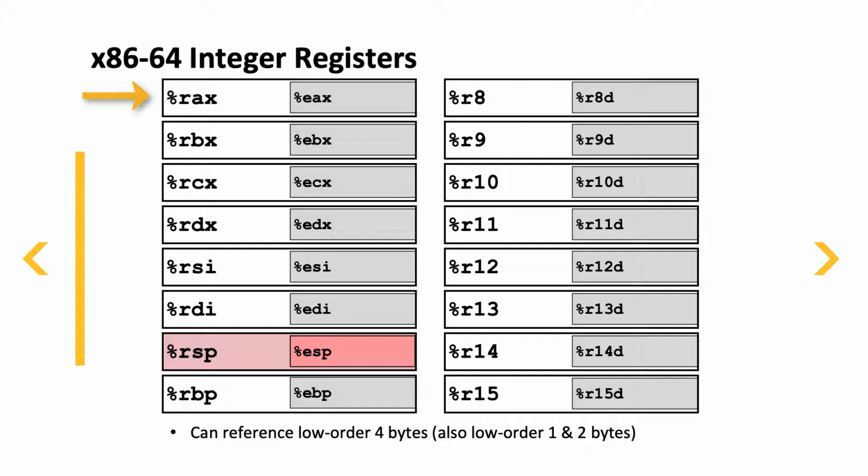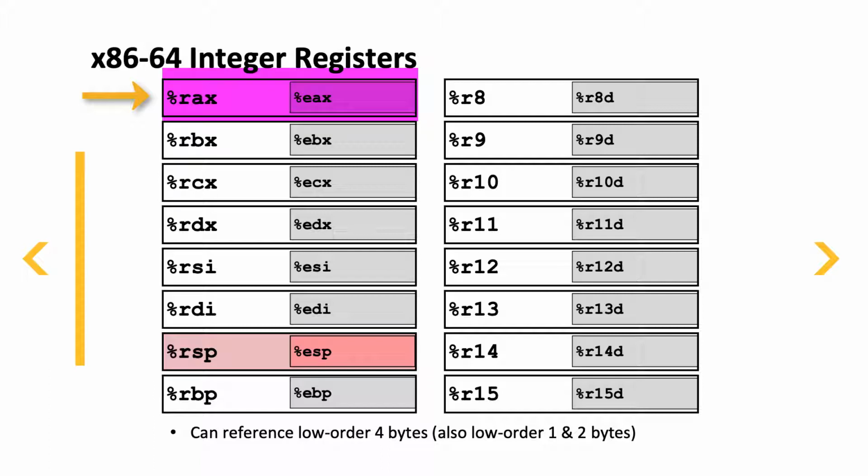Then when 32-bit systems came along, we expanded that, and that was called EAX. So EAX here is the lower 32 bits of RAX, the entire register. The lower order 16 bits within EAX is just AX.